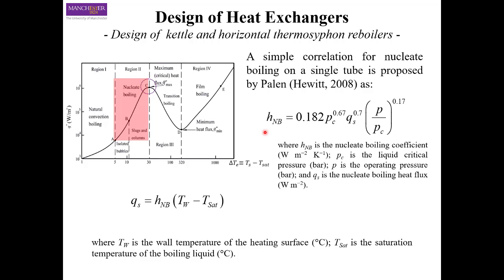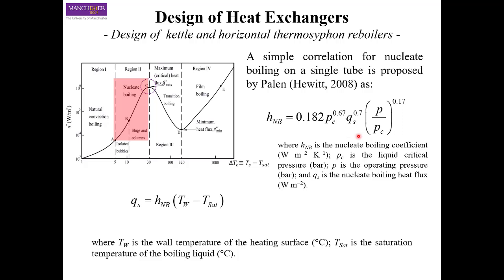So for example here, if we want to know the value of H and B, then we need the value of QS. So if you don't know the value of QS, then you have to solve this equation and this equation simultaneously in a way that both equations give you the same value of H and B and QS. Okay, that is the case for design of kettle and horizontal thermosiphon reboilers.